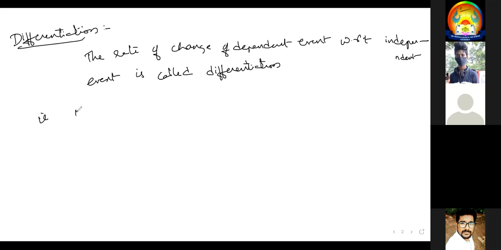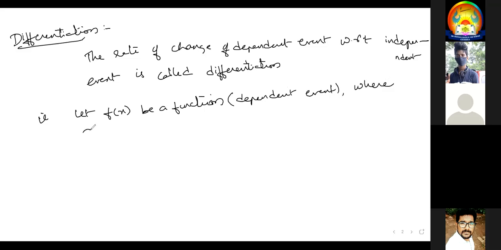That is, let f of x be a function, the dependent event, where x is independent.